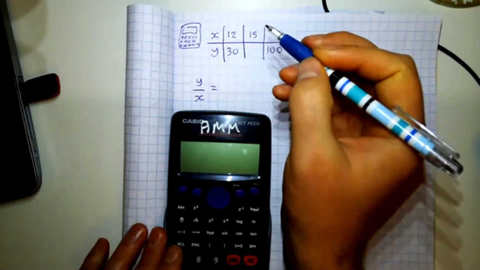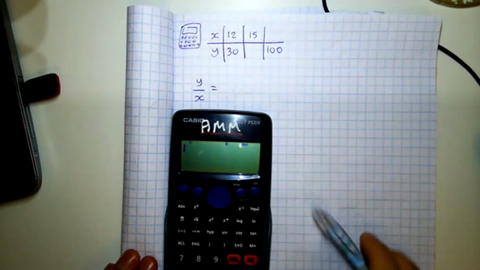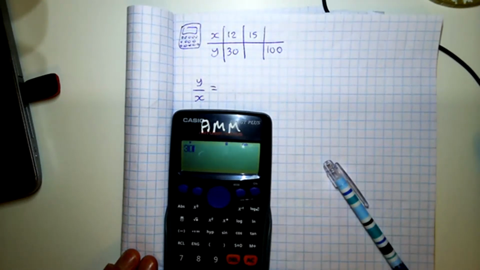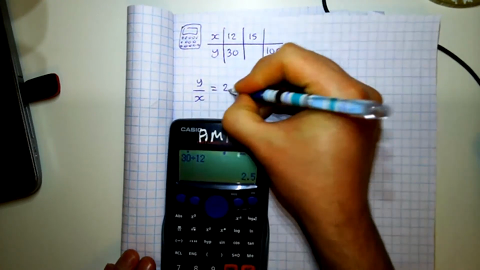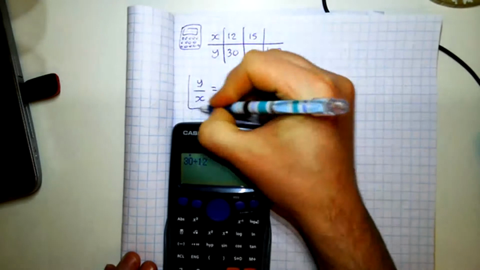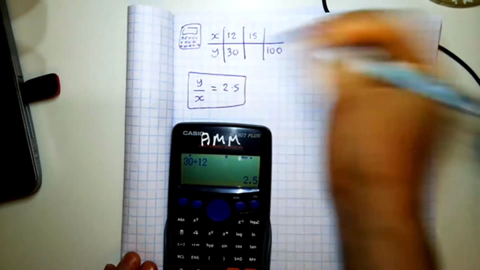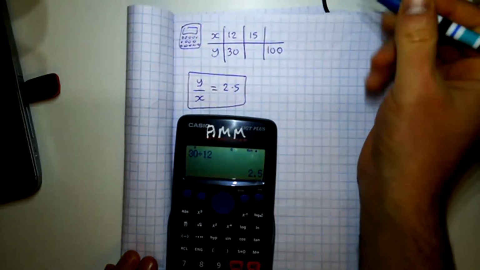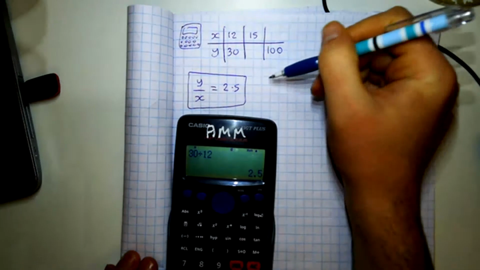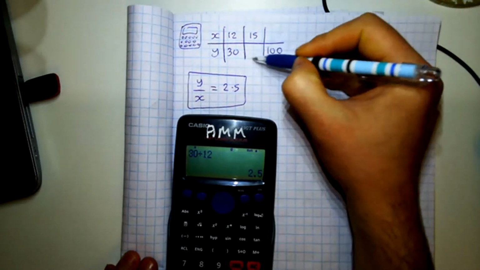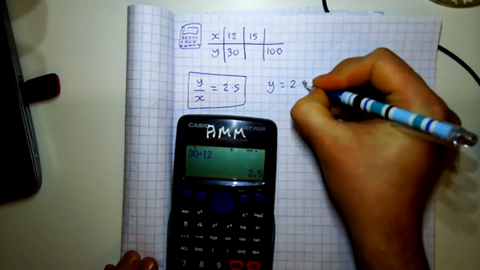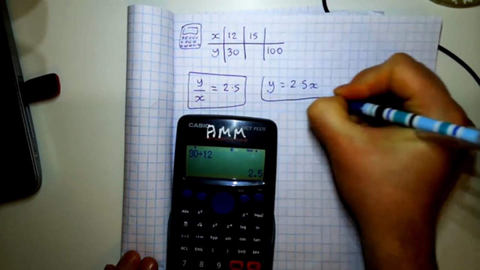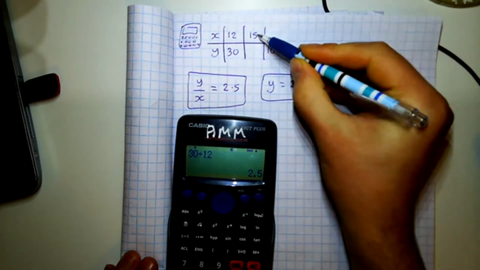Just grab a calculator, and we're going to do 30 divided by 12, 2.5. Which means that if I rearrange this formula, if I'm looking for y, y equals 2.5x. So I can do this one.